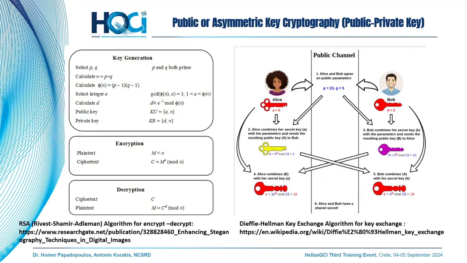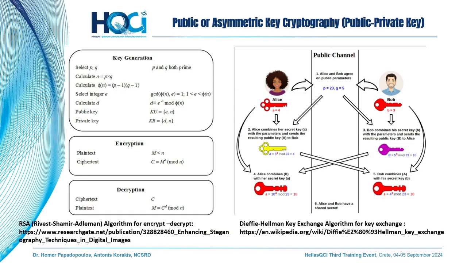These are the algorithms. I don't want to get into details with the algorithms. I just wanted to say that usually the RSA is a famous algorithm. It's based on algebra with prime numbers. We select two prime numbers, we do some very simple math here, and we create the public and the private key.